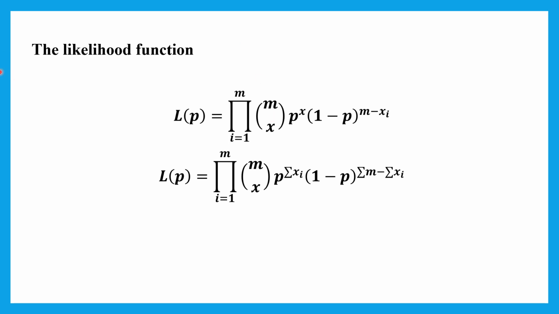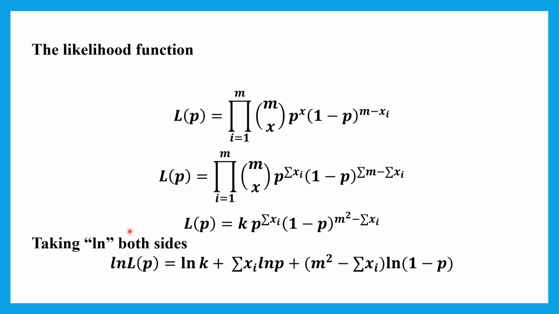When we apply the product operator, these powers will be converted into summation, so we will have p power summation xi. Similarly, the summation will be operated on m. We have a random sample up to size m, so this summation will be converted into m. We already have m in here, so we have m square minus summation x.